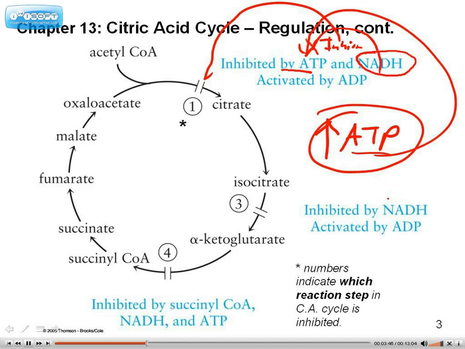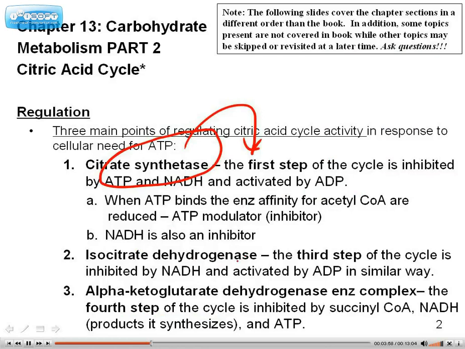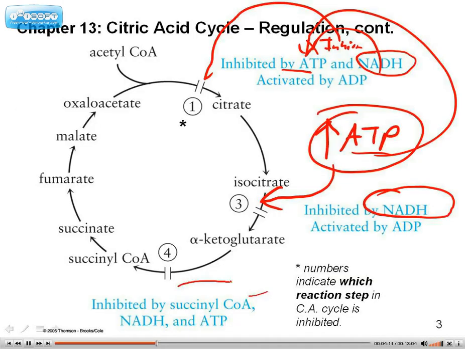So we see this for step 3, isocitrate dehydrogenase, and we also see it for alpha-ketoglutarate dehydrogenase as well, as these are in high amounts when you have high ATP present.